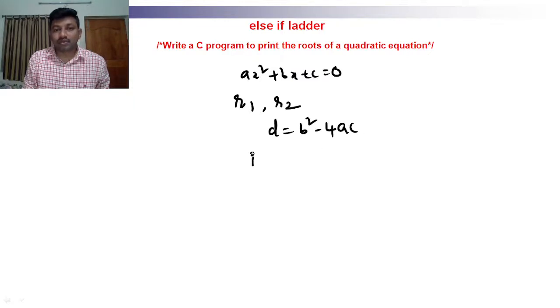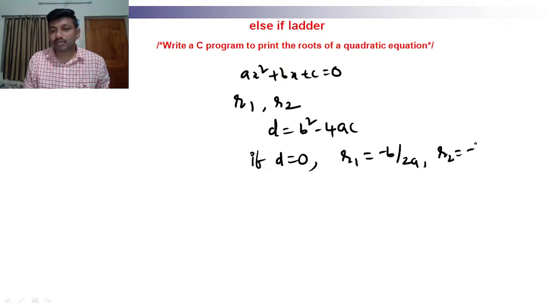So if d is equal to 0, what are the roots? R1 is equal to minus b by 2a, and R2 is also equal to minus b by 2a. Am I right?